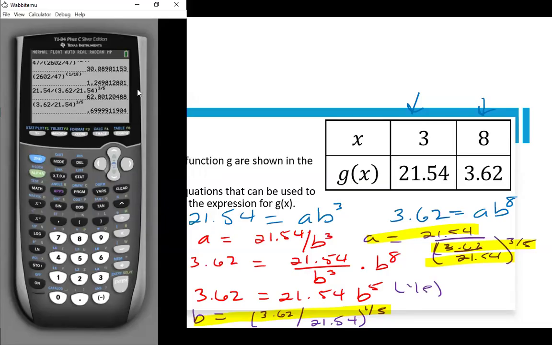And our approximate B value is, and that makes sense because it should be a decay. So A already had a 3, and we substituted in the 1/5. So when you have two powers next to each other, that means you multiply. So 3 times 1/5 made it 3/5.